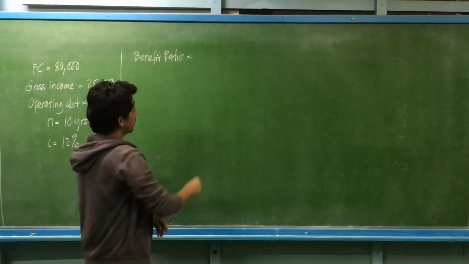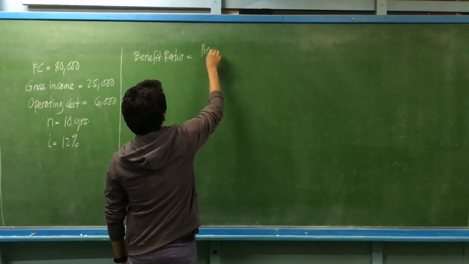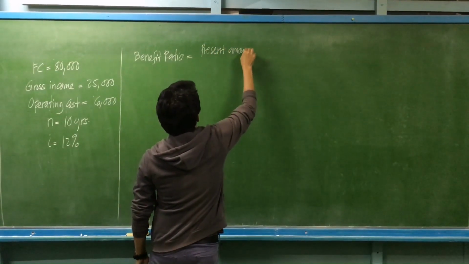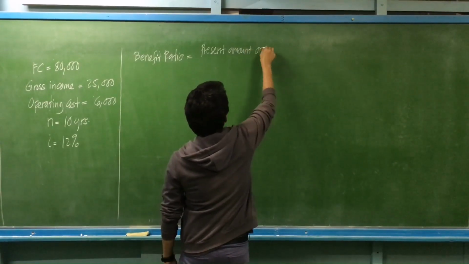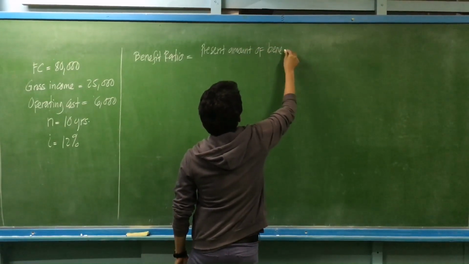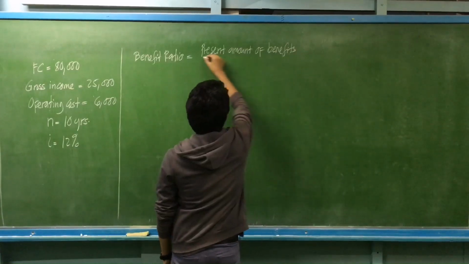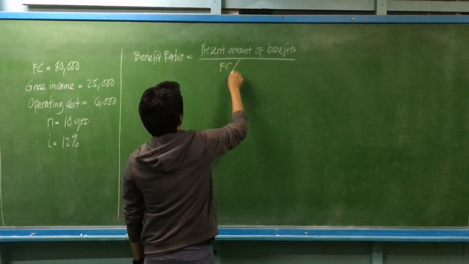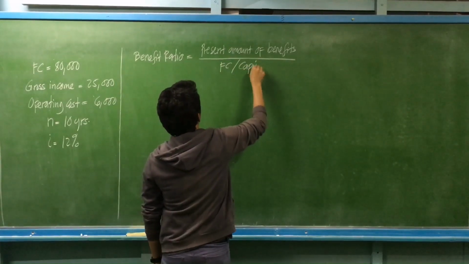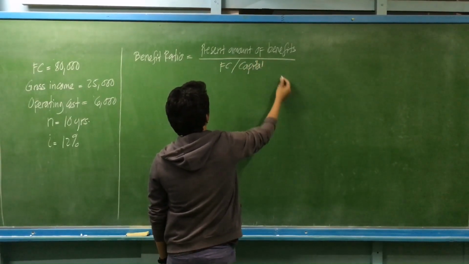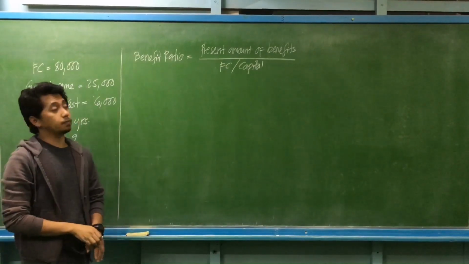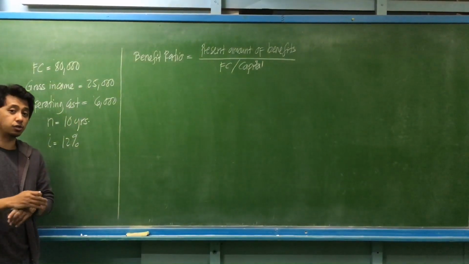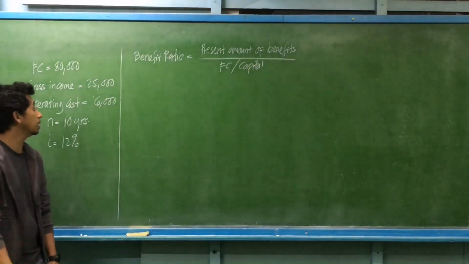So for the benefit ratio, it is the ratio of the present amount of your benefits divided by your first cost or your capital.